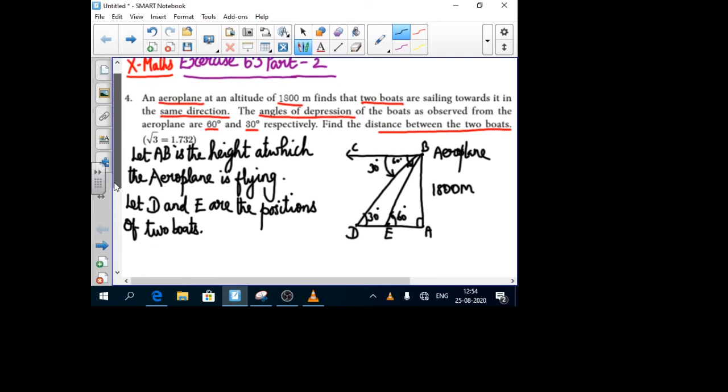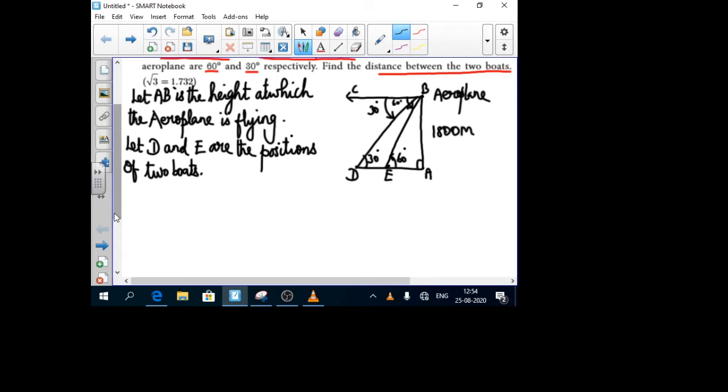Therefore, by the given condition, they give AB equal to 1800 meter.